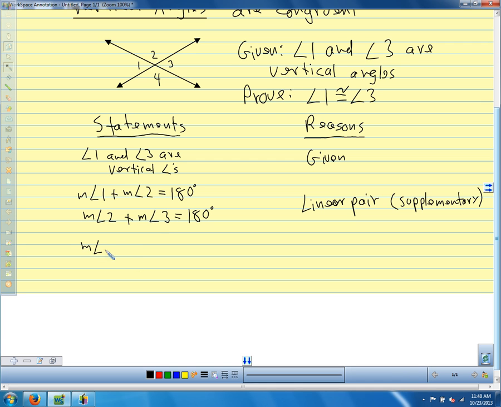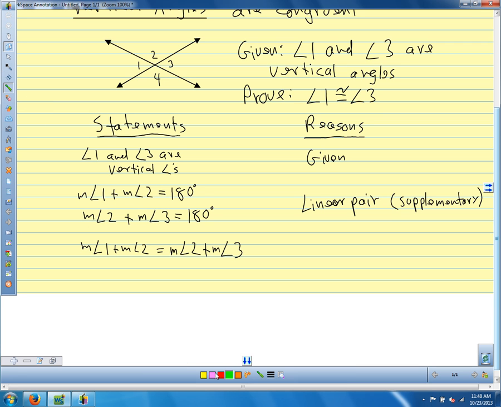So we're going to say the measure of angle 1 plus the measure of angle 2 equals the measure of angle 2 plus the measure of angle 3. And the idea here, I'm going to use a highlighter, is what I've done is I am taking, let me do it the other way, let me undo that.